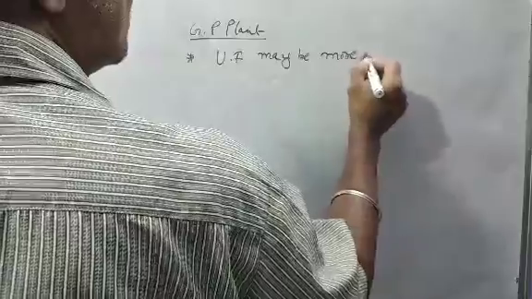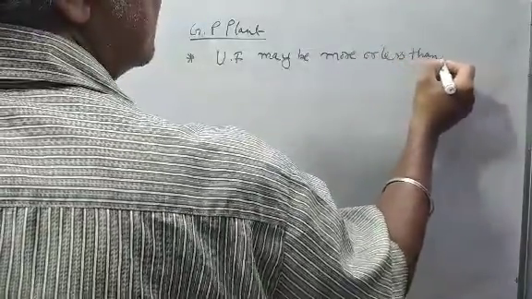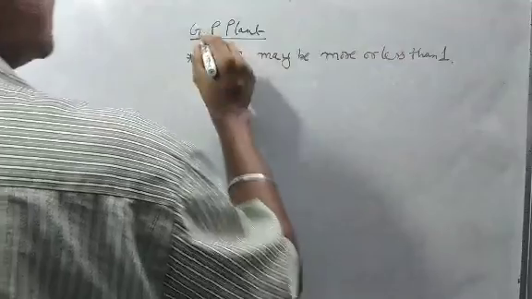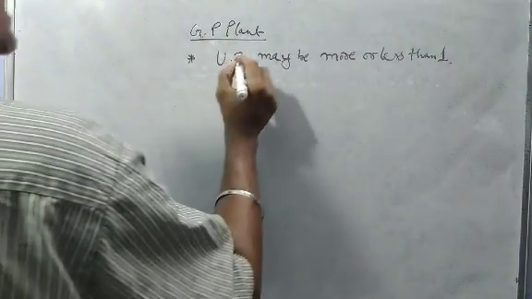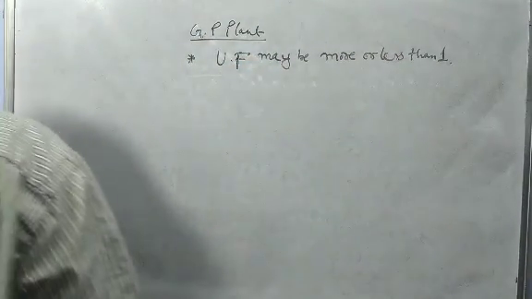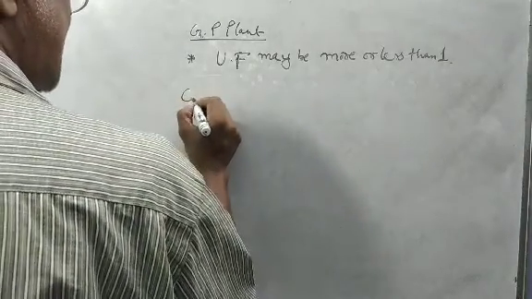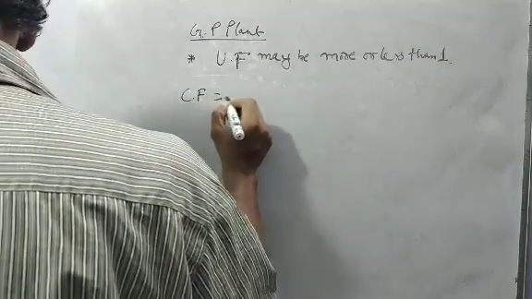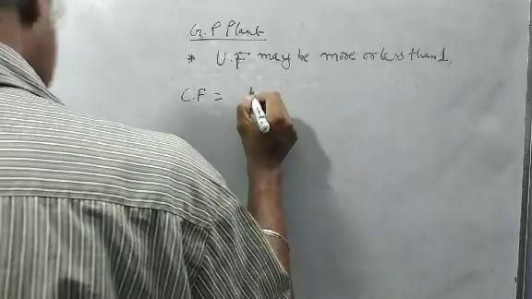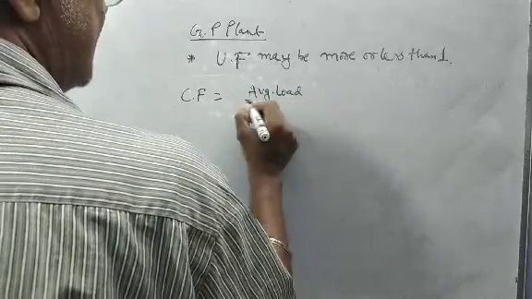Remember, for a generating power plant, the utilization factor may be more or less than 1. The capacity factor of a plant, what is the capacity factor? The capacity factor of a plant is the average load by plant capacity.